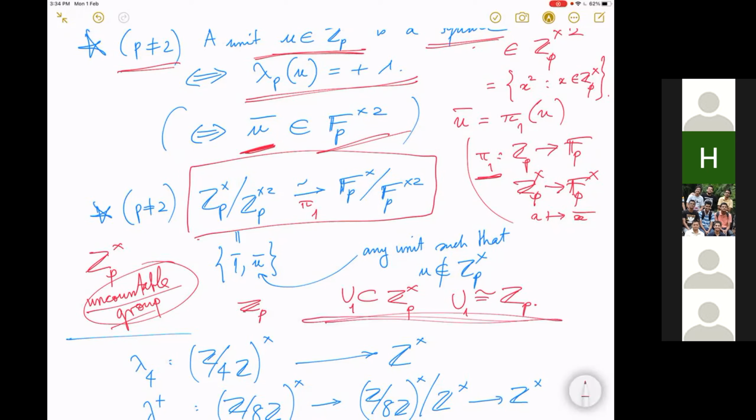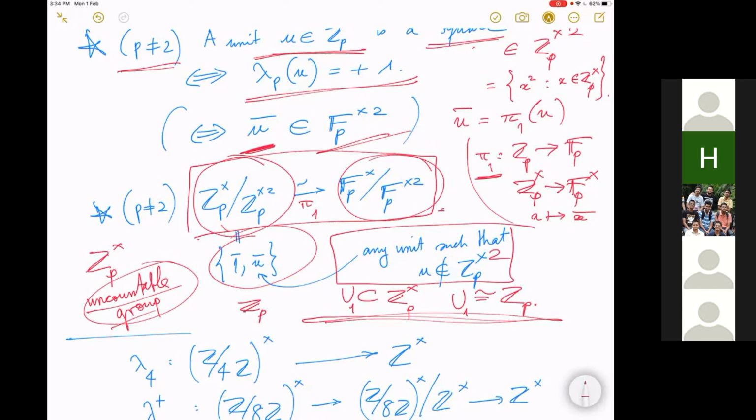But I'm saying it right now to tell you that although ZP star might be a huge, very complicated group, this quotient modulo squares is as simple as FP star modulo squares. It consists of just two elements, one bar and U bar, where you have to choose U to be any element which is not a square.